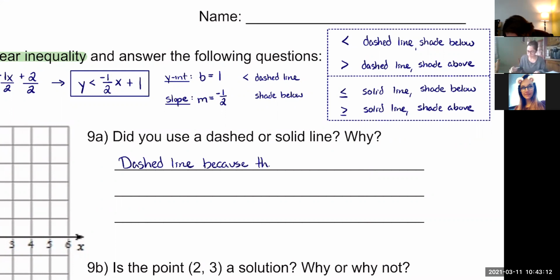Because the inequality sign is not equal to, because without that little equal to bar underneath, we don't actually include the points on the line itself in our set of solutions.